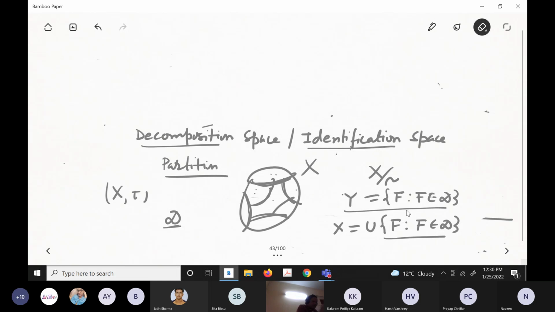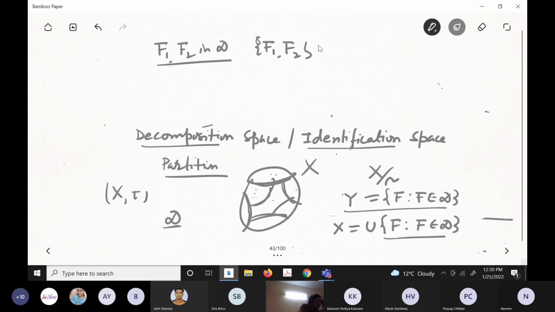But their union, suppose I pick up F1, F2 in D. Okay, so that F1, F2 is a subset of Y. But when will I declare it to be open in Y? Well, this may or may not be open in X.